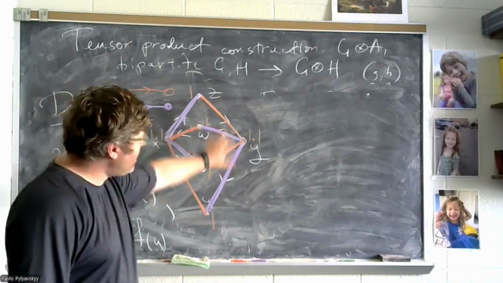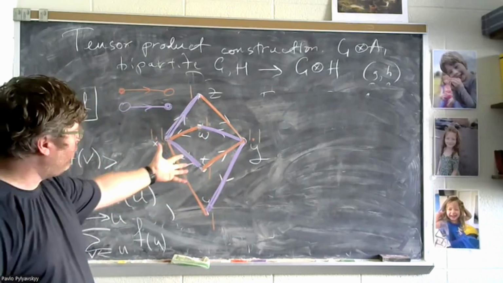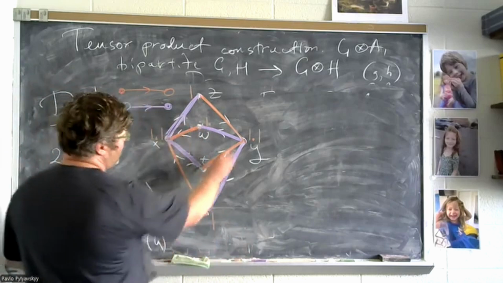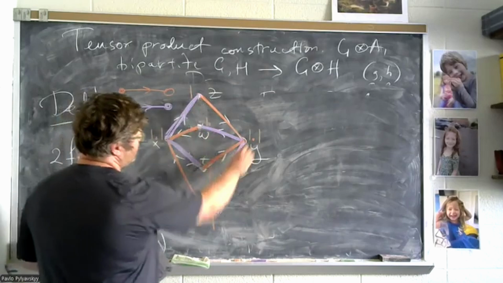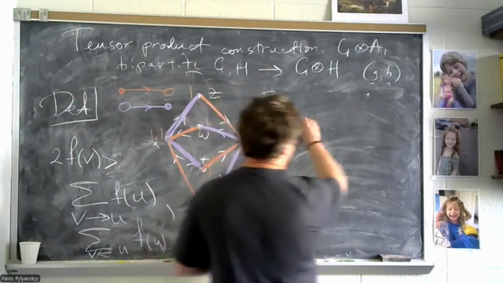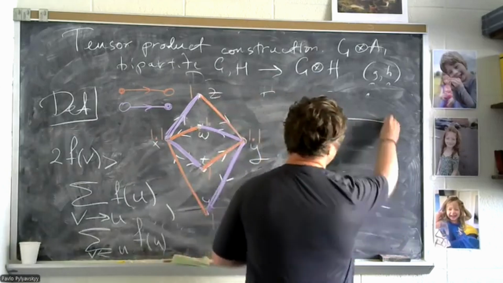So any quiver like this must be built somehow out of, look, this is A3, this is A3, this is A3, this is A3.